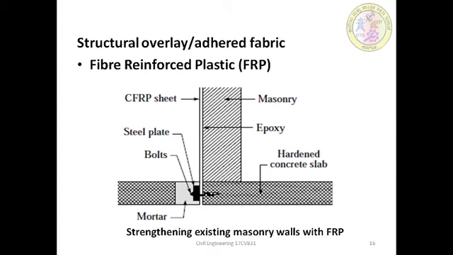Then steel plates are used to prevent anchorage failure, anchoring the FRP to the slab and foundations, as we can see in this figure, showing the various components for strengthening existing masonry walls with FRP.